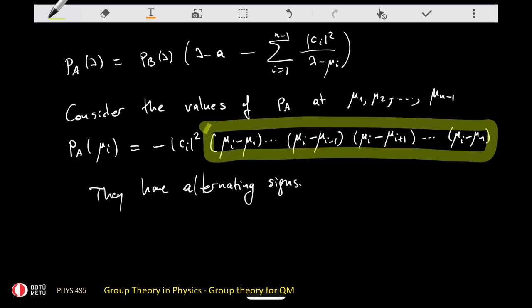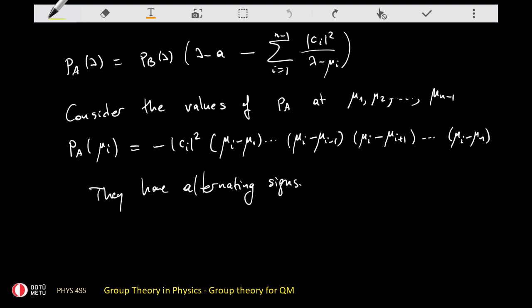I'm subtracting from mu i all the possible eigenvalues except itself. So there's a missing term in here, and the product of all the other things. So you can see that in here, all of these terms are positive up until in here, because I have ordered the eigenvalues. And after that point, all of the eigenvalues are negative.